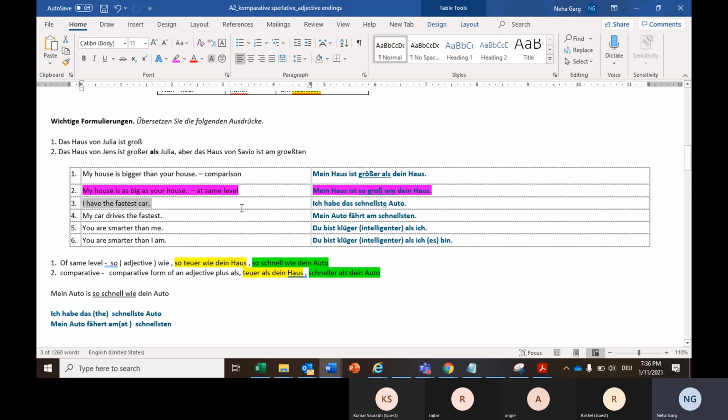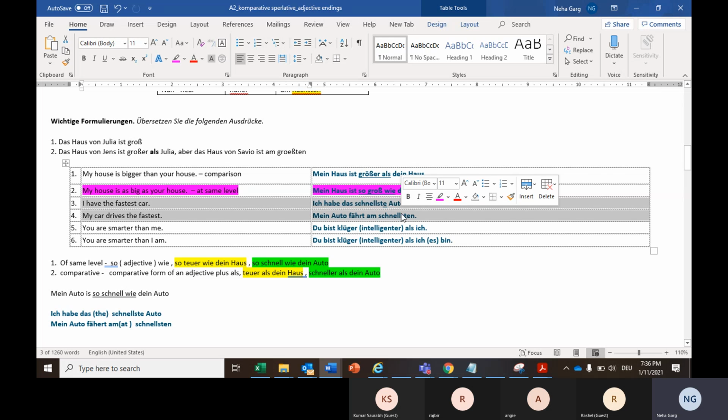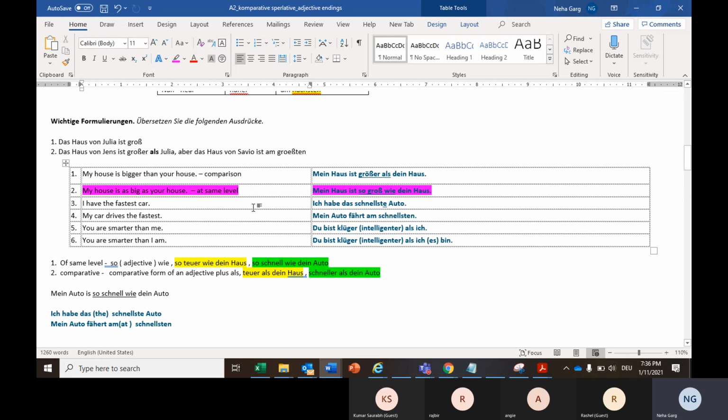Now the sentence numbers 3 and 4 might sound similar but they are different. In the first sentence I'm saying I have the fastest car, like the fastest car in the world, I have that. But in the fourth sentence, I am saying my car drives the fastest. That means my car drives at its best capability.